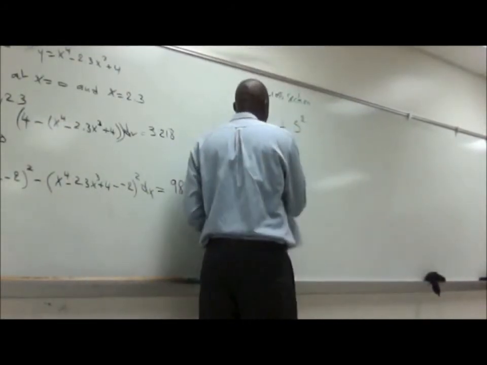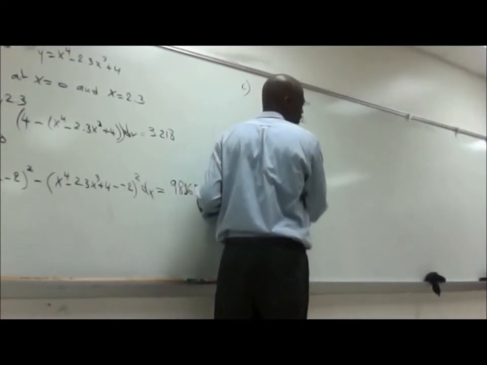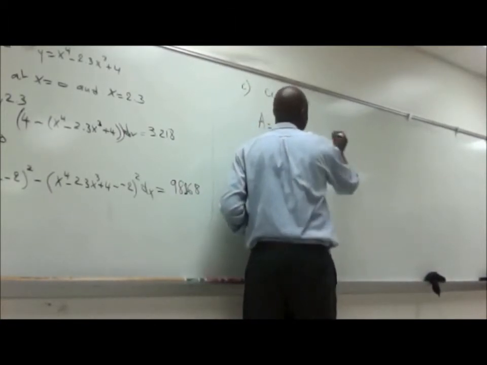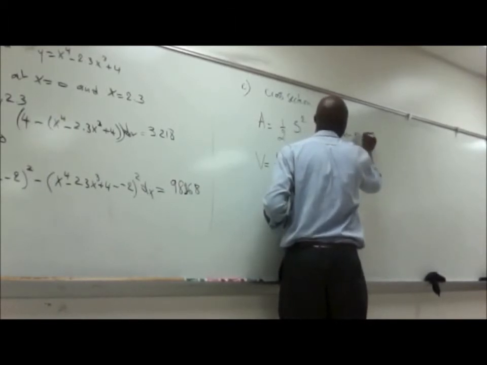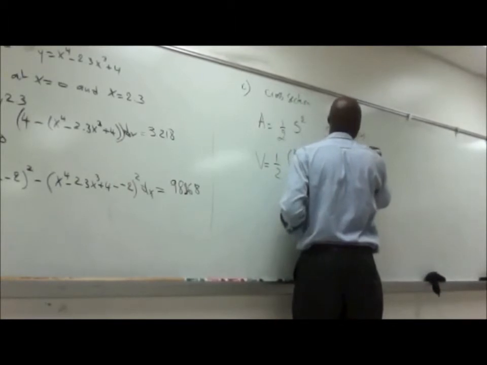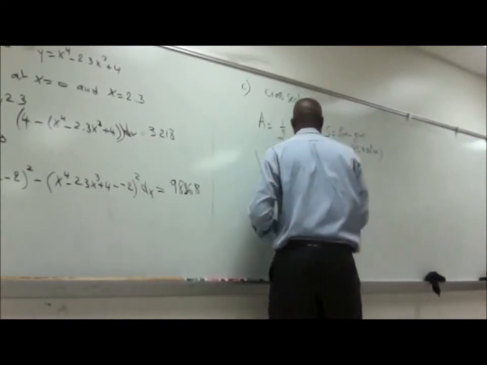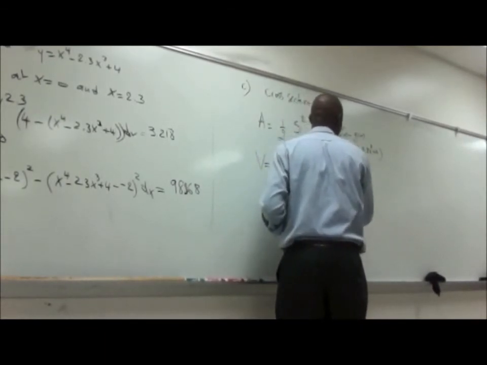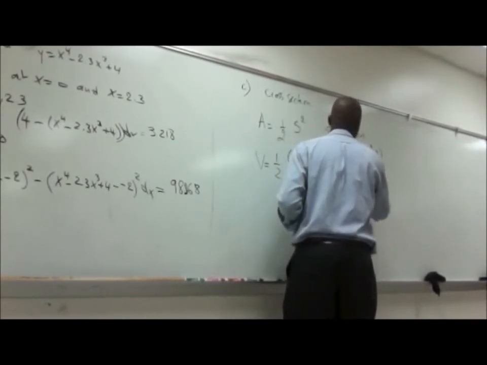So now my volume V will be 1/2 times the integral from 0 to 2.3, where my side is f of x minus g of x. So that's 4 minus x to the 4 minus 2.3 x cubed plus 4, squared, dx.